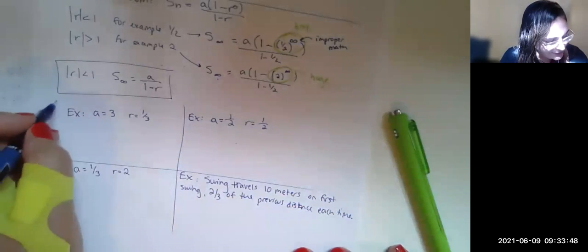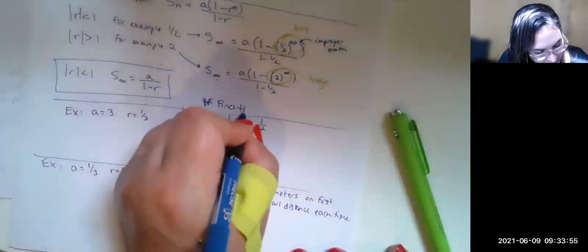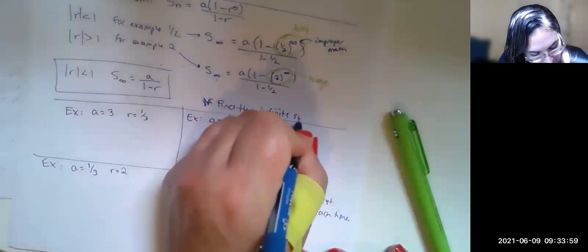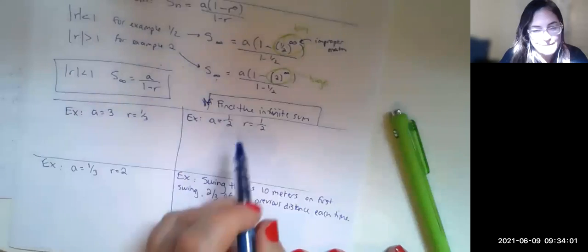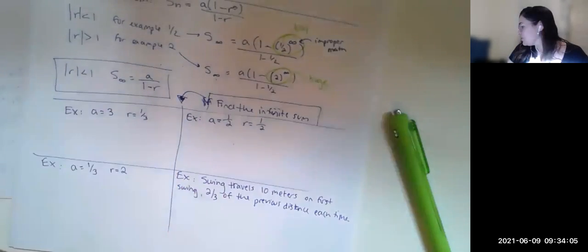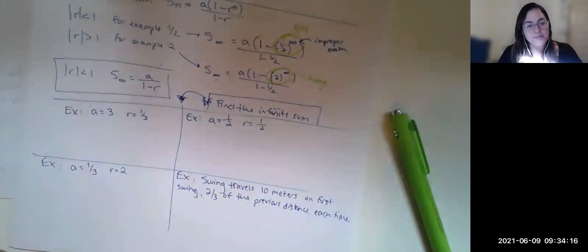So in each case, we're going to find the infinite sum. Find the infinite sum for all 4 of these. If you'd like to, you can go ahead and try it. Give it a little effort there and pause the video, and then we'll come back and go over the problems.